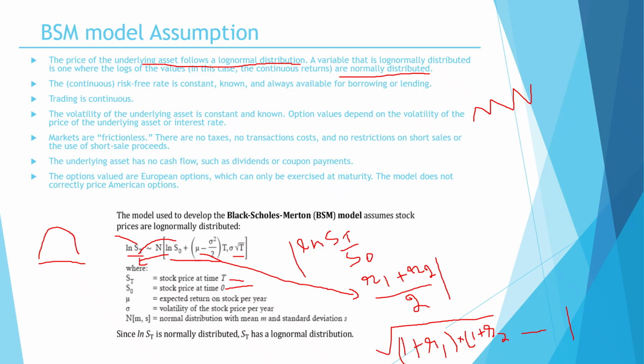Another assumption is that the markets are frictionless. There are no frictions, like no taxes, no transaction costs, and no restriction on short sales or the use of short sale proceeds. So basically there is no friction in the market. That is also one of the assumptions of the BSM model.